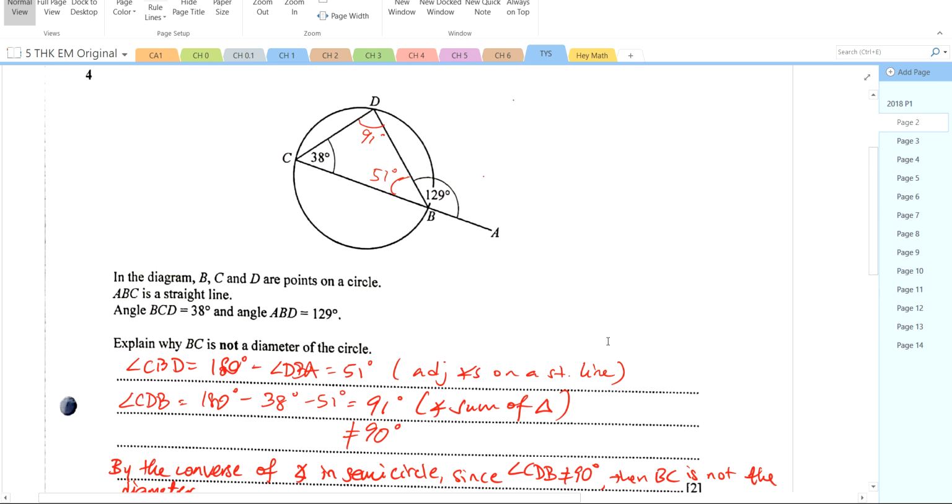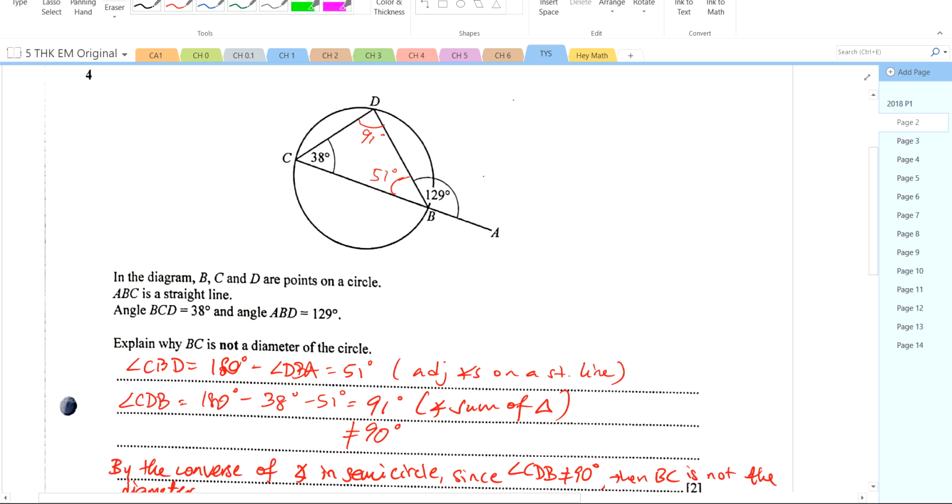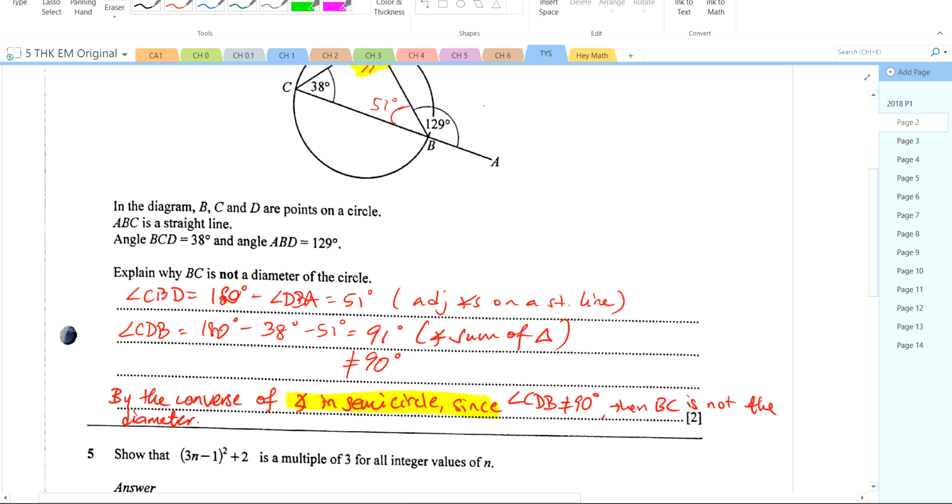Okay? You see that this is 2 marks worth. I don't have the marks allocation, but I know definitely they need to see this 91 degrees. In other words, it's not 90 degrees, and they must also know that you are considering the angle in semicircle. You're showing them that, hey, the angle in a semicircle must be 90 degrees. Since it's not 90 degrees, it's not a semicircle, so it can't be the diameter.